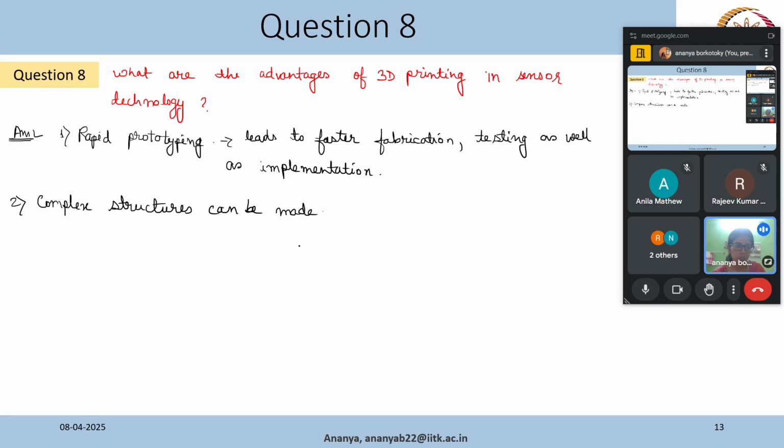That is one limitation. Obviously we cannot make very thin structures. But if it's a relatively larger dimension, then even for complex structures we can go for 3D printing. Third is, we can combine multiple materials to make our structure, make our sensor.